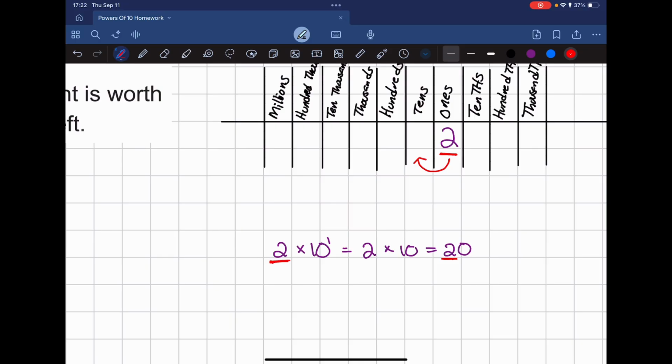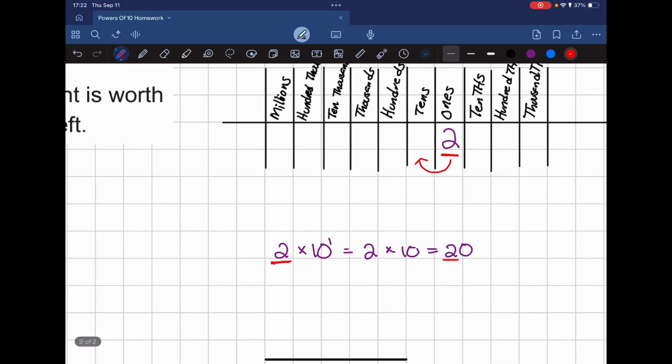such that anytime I multiply a number that has a place value by 10 to a certain power, I am multiplying that number by 10, and it is shifting to the left.